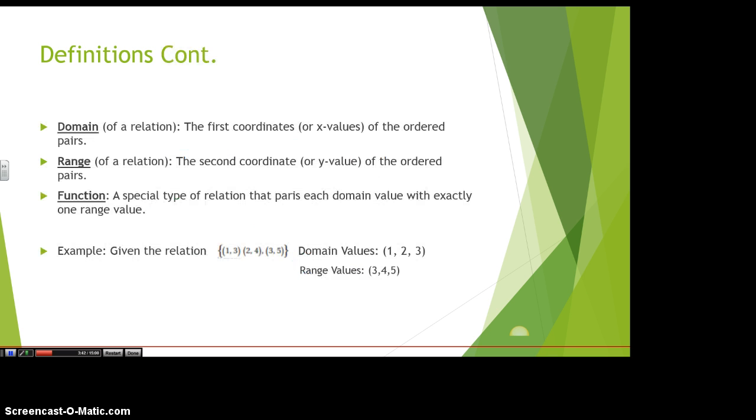Here are some more definitions we're going to see working with relations. Sometimes they'll ask for the domain of a relation, and the domain is the first coordinates, or the x values, of your ordered pairs. So for instance, if I had (1, 5), (2, 3), my domain values would be 1 and 2, because those represent my x values.